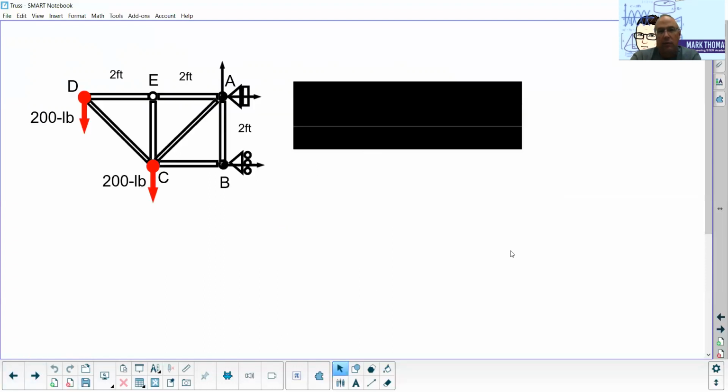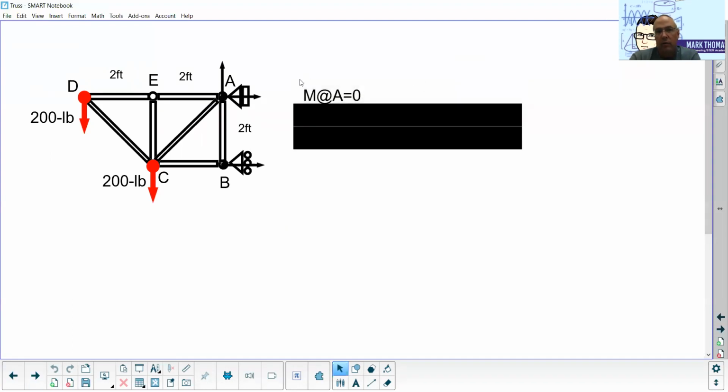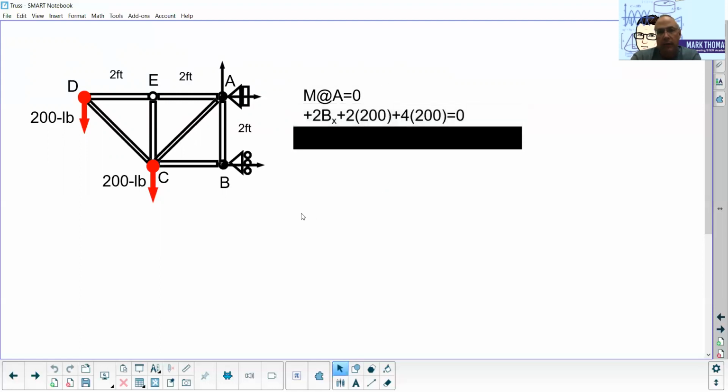As we go through this, we're going to look at our moment about the pin. So we're going to look at the sum of the moments at point A, and we're going to set those equal to 0. Whenever we look at this, we have a force here at B, a force at C, a force at D. We also have 2 forces at A that are not going to come into play because our moment equation is force times perpendicular distance.